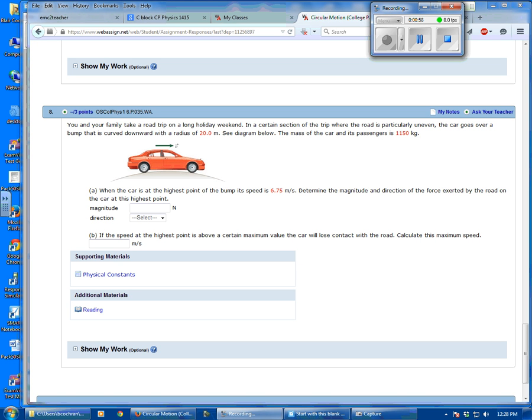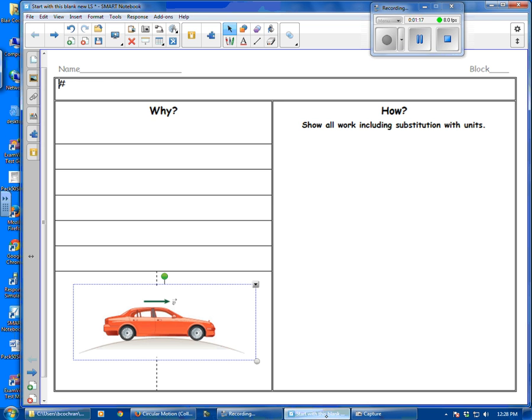All right, in your Y, what I would suggest we put in our Y is: is the car in circular motion? Yes, at this middle point it is. So this is number 8.